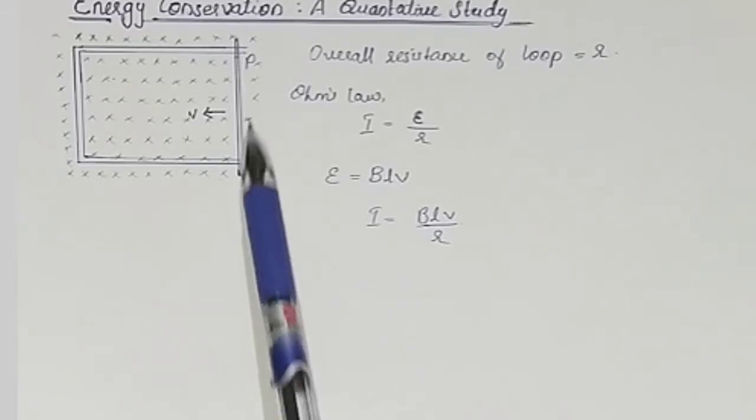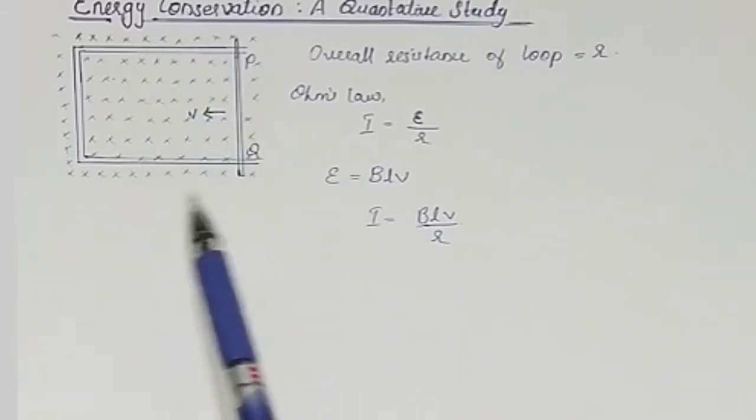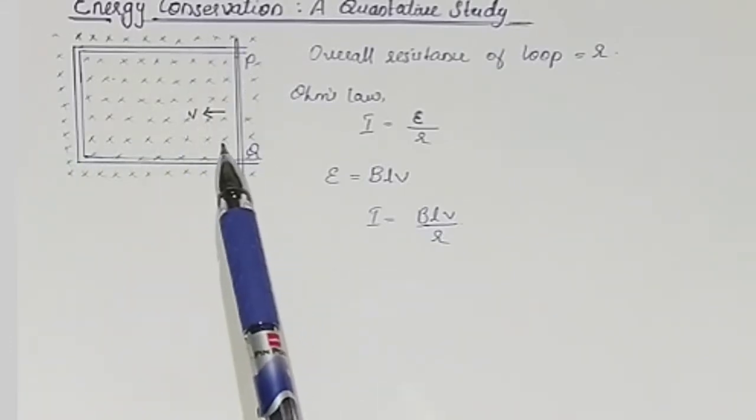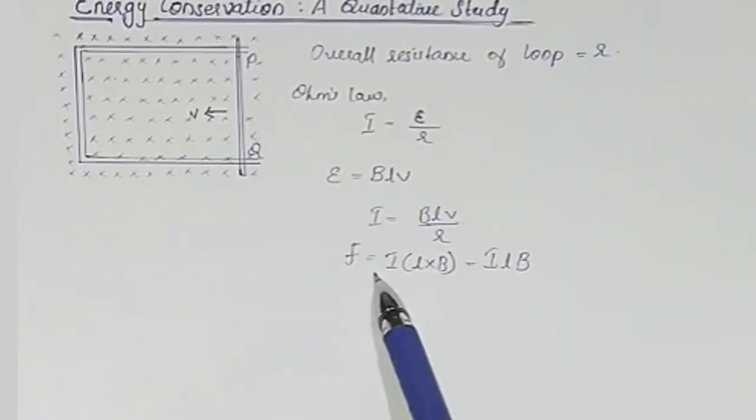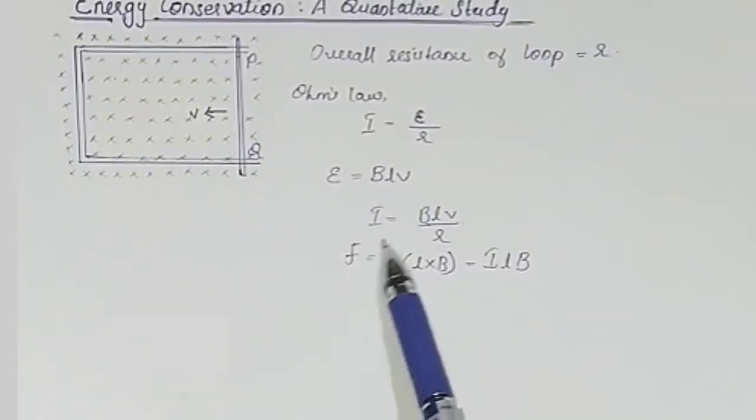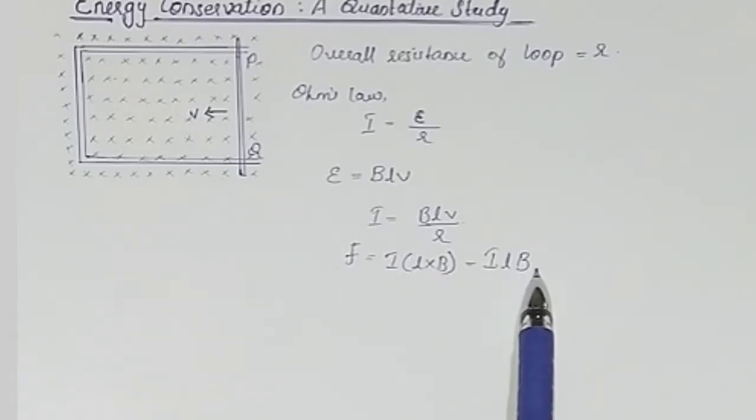So the current through the arm PQ is BLV/R, and this is a current carrying conductor placed in the magnetic field. Therefore, it will experience a magnetic force given by F = IL cross B, and its maximum value is ILB.